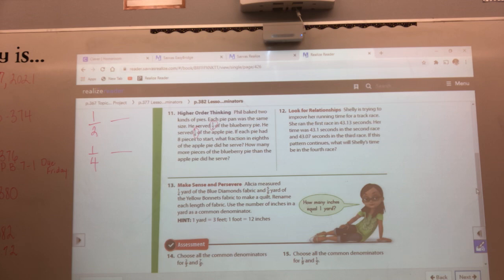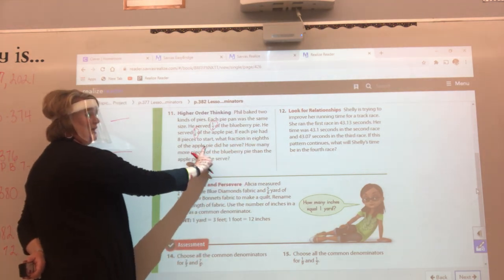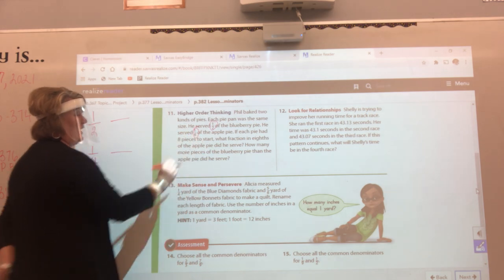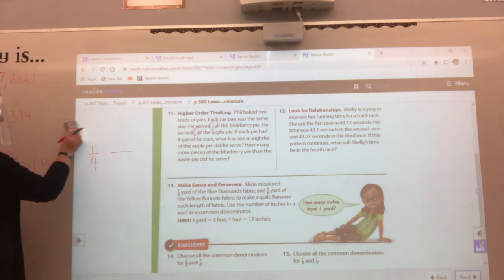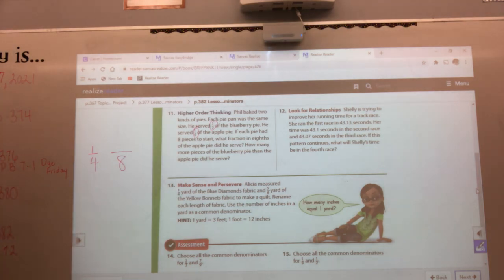Actually, I didn't read all that. It wants what fraction in 8 of the, what does this say? Apple pie. So I really only had to write 1/4. So erase that. And my denominator's 8. Because they told me to do it in 8s.